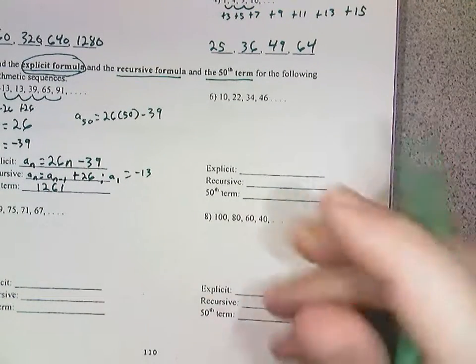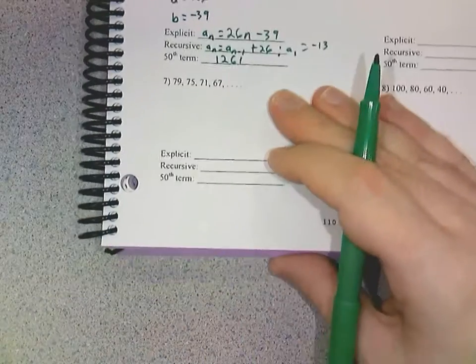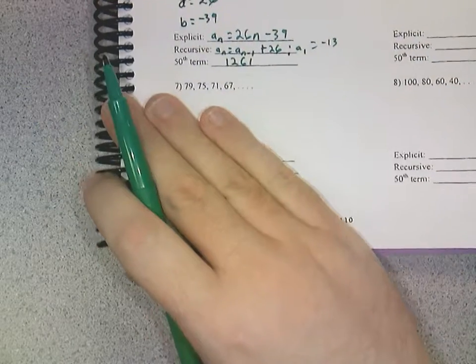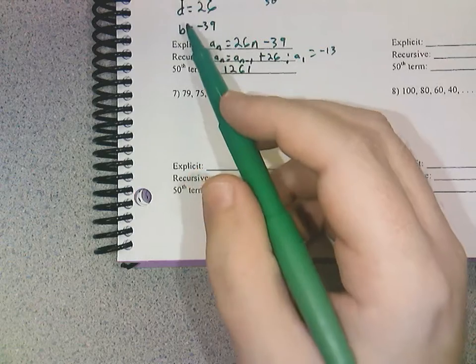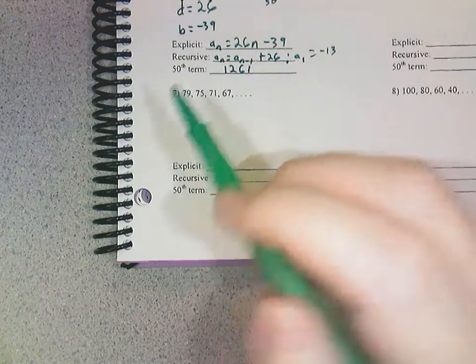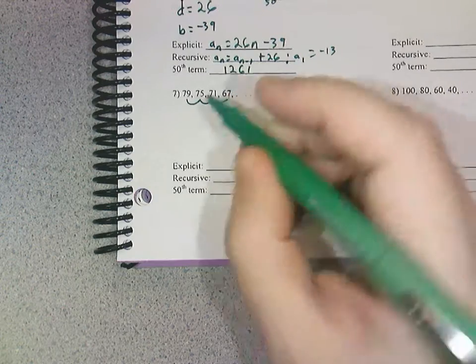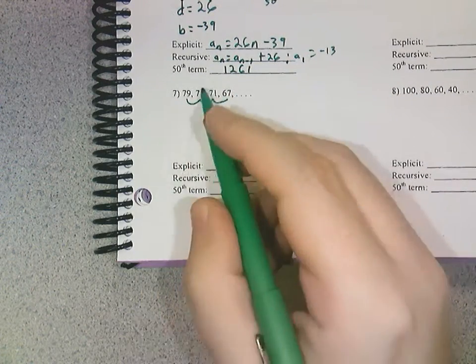So over here, well, let's do one. I don't need to do all of these. Let's do one that's subtracting. So let's look at this one. Again, I need to find my common difference and my zero term before I can set up my formulas here. So my common difference is the difference between each term. So 79 goes to 75.